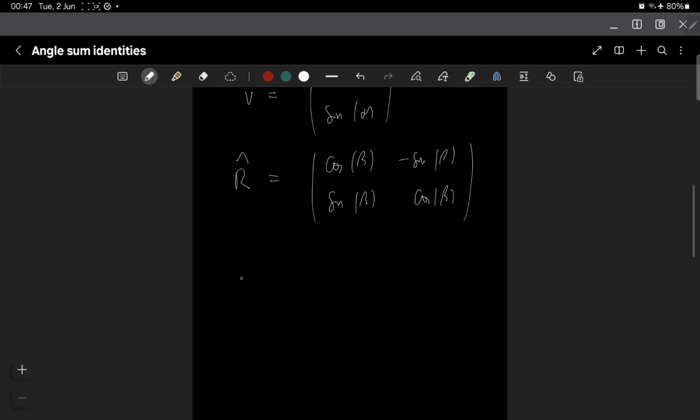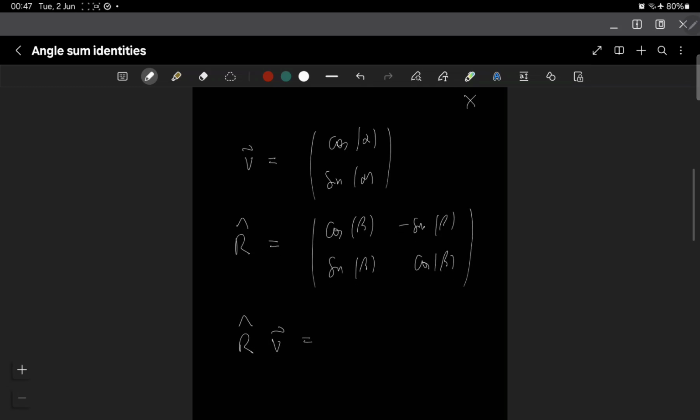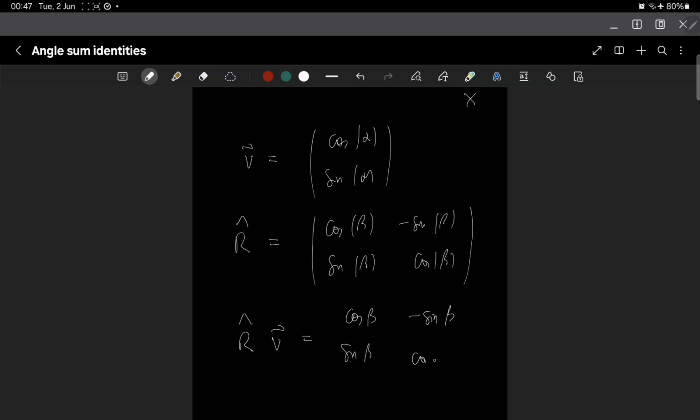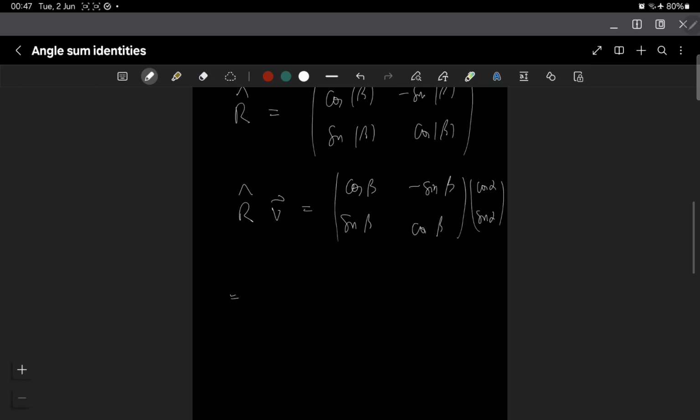So now we're going to apply the rotation matrix R to the vector v, right? And if we matrix multiply this, let's write it out. We have cosine beta, minus sine beta, sine beta, cosine beta, and all of that times cosine alpha and sine alpha, right? If you do the matrix multiplication, the first entry is cosine alpha times cosine beta, and then minus sine alpha times sine beta.